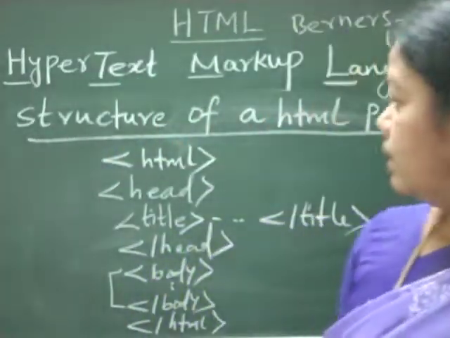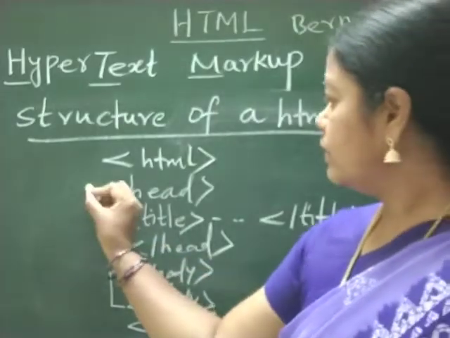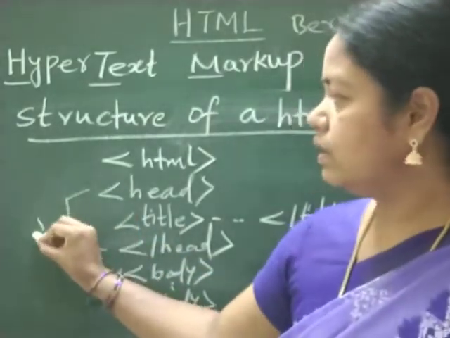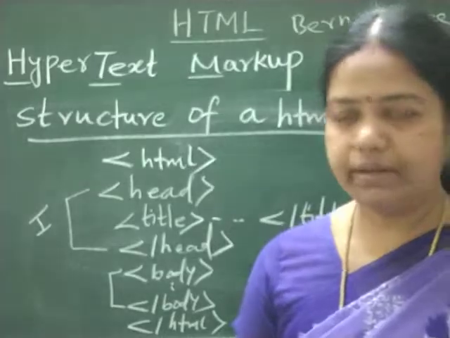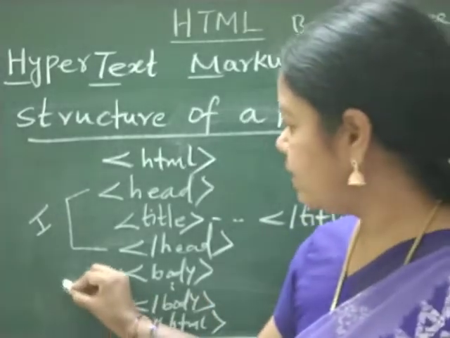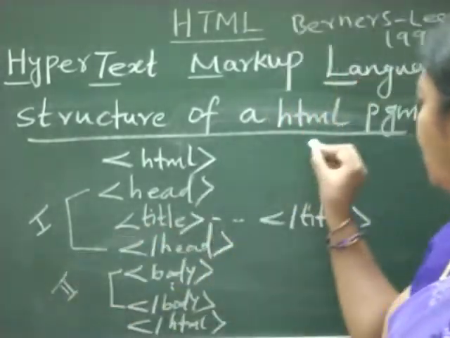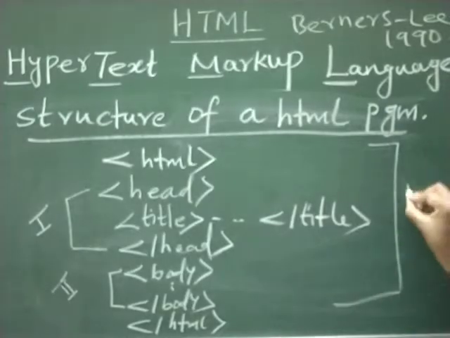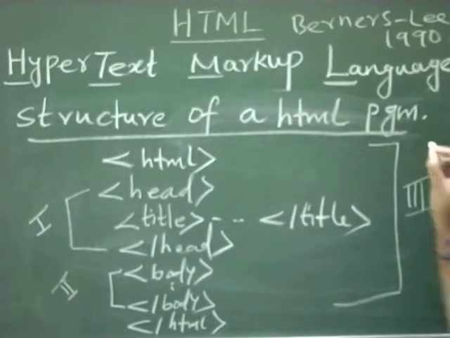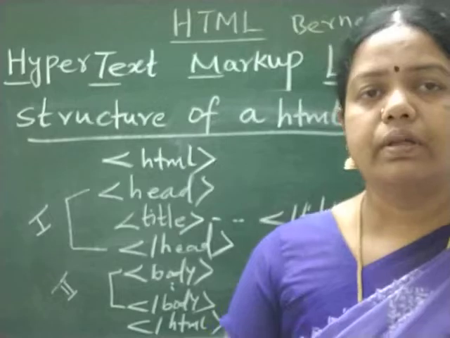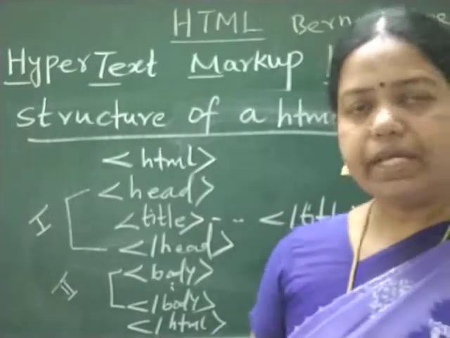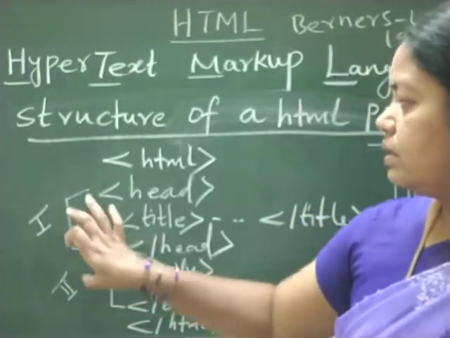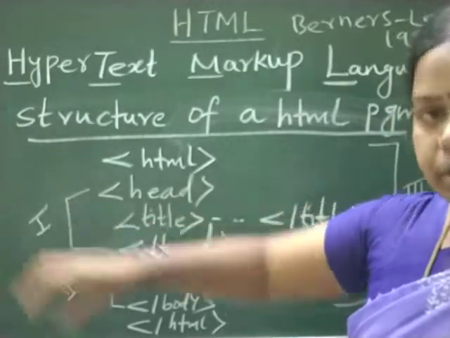Here, this head is called the first part, and this is the second part. This whole thing is the third part. For every HTML program, this first part is optional.